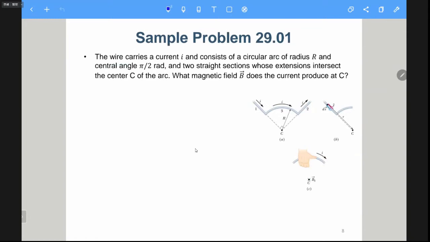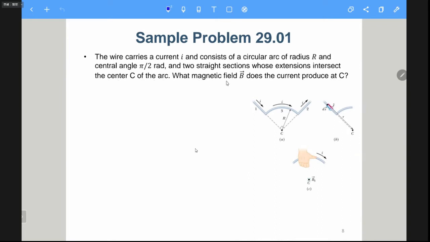Okay, so here, let's take a look at this sample problem. It says the wire carrying current I consists of a circular arc of radius r and central angle pi over 2 radian, and two straight sections whose extensions intersect the center C of the arc.